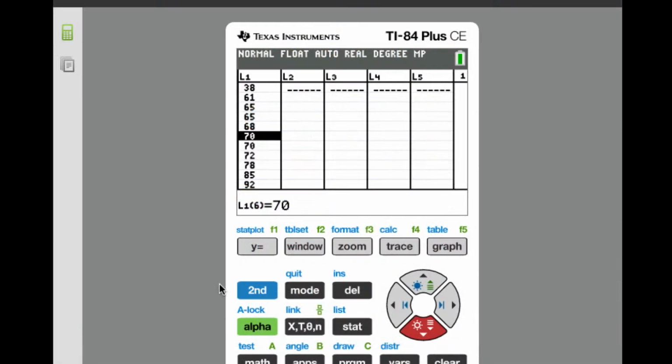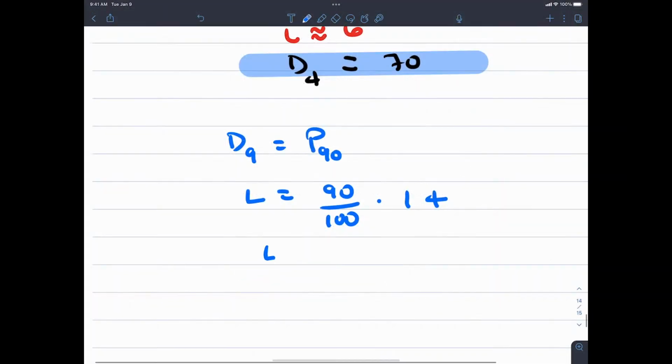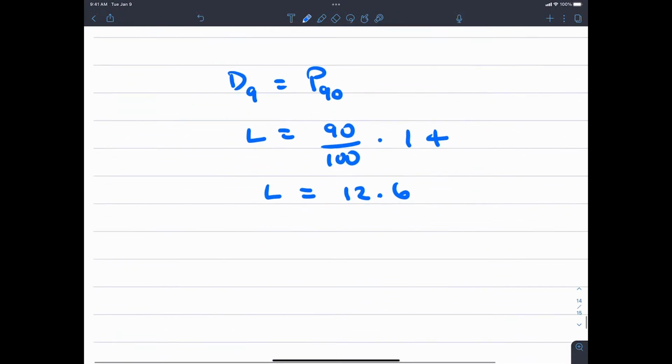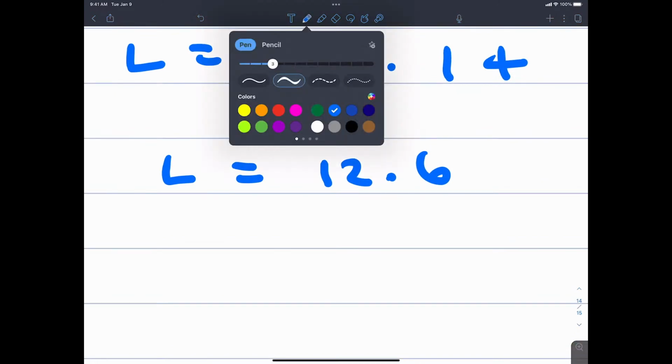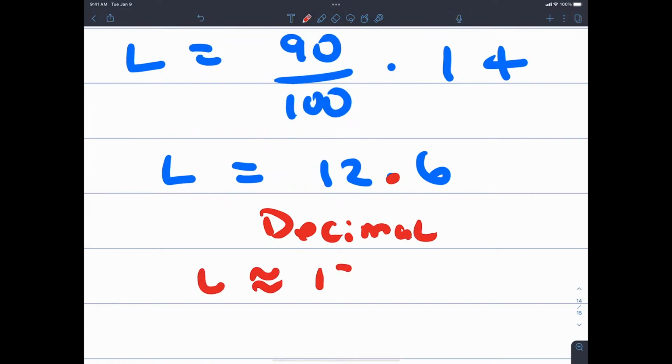Okay. 90 divided by 100 times 14. What does this equal? The locator is 12.6. What do I know about this number? It's a decimal. What do you do when it's a decimal? Round up to the next whole number.